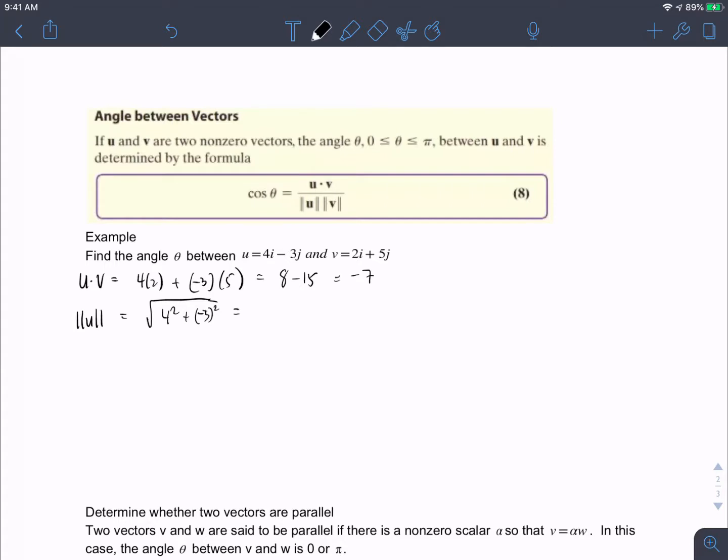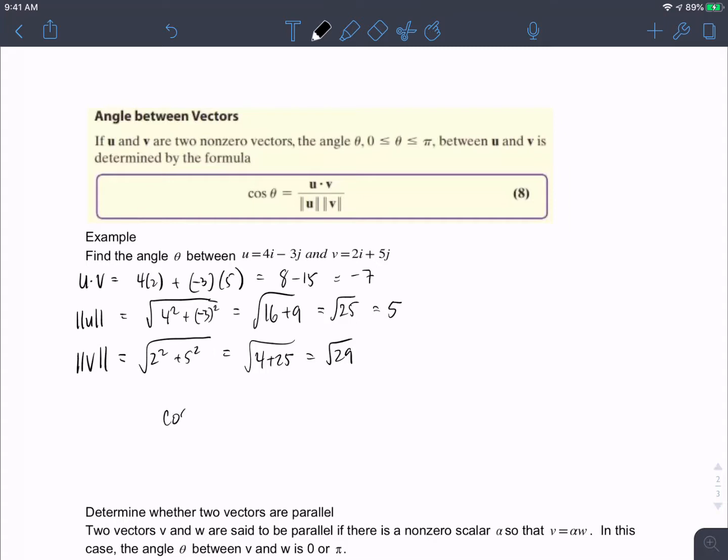That's going to give us 16 plus 9 under the square root, which will be 25 under the square root, or 5. We need the magnitude of v. So the magnitude of v is going to be 2 squared plus 5 squared under the square root. That's going to give us 4 plus 25, or square root of 29.